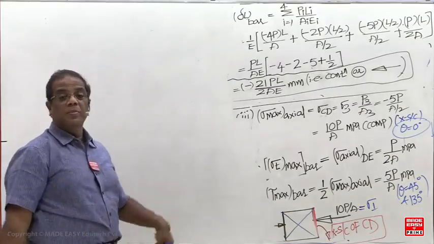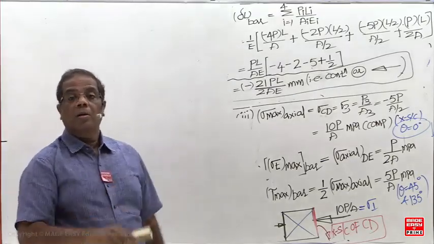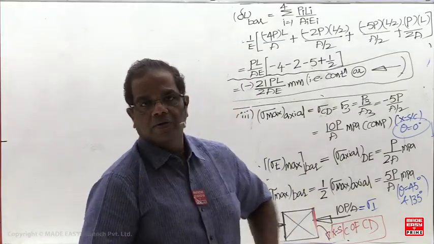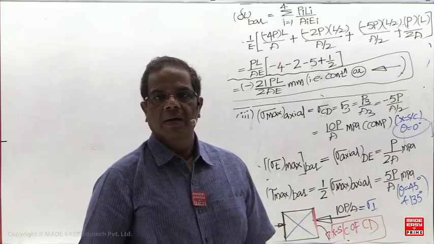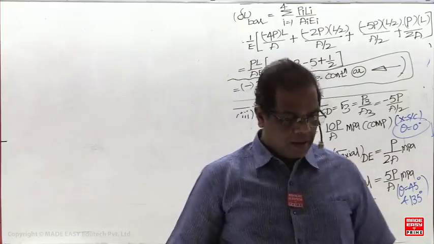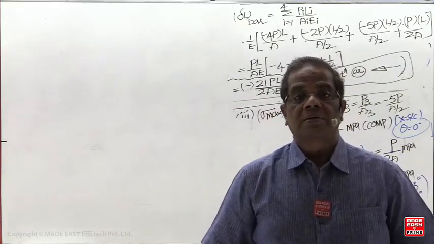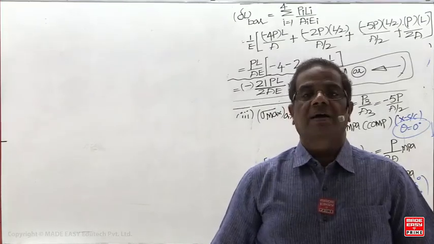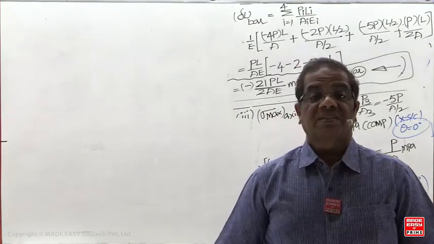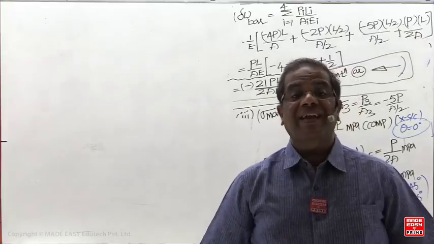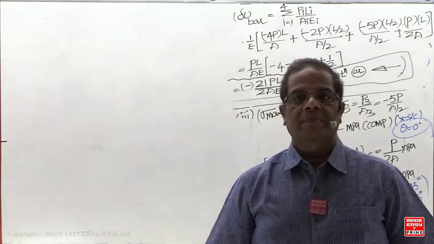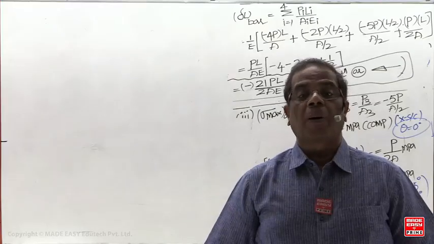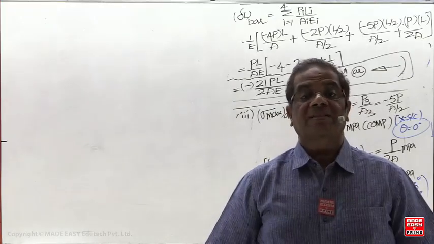So with this question, so many points are discussed. So many conclusions you have made. What is the conclusion? In section method, sections are compulsory for intermediate members. Extreme member is optional.